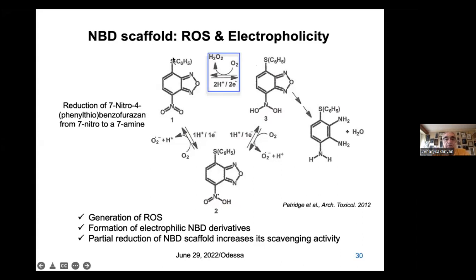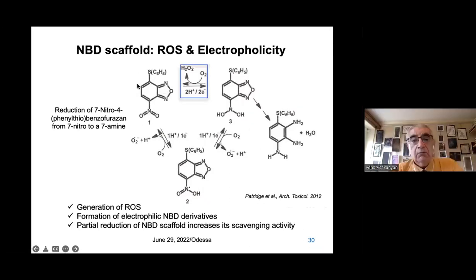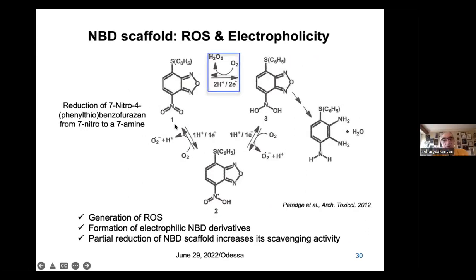Here, one of the MBD derivative compounds has been described chemically in very precise experiments. It is a very potent molecule, a very potent generator of hydrogen peroxide.